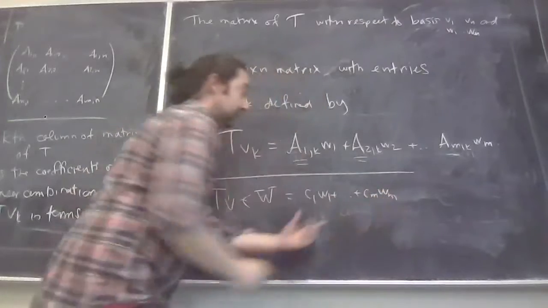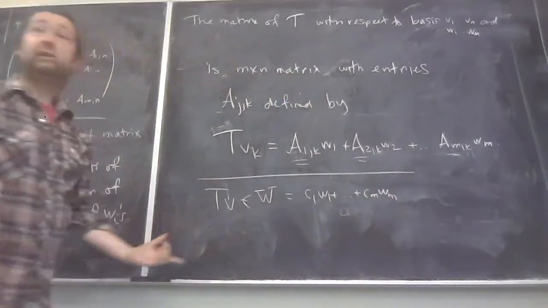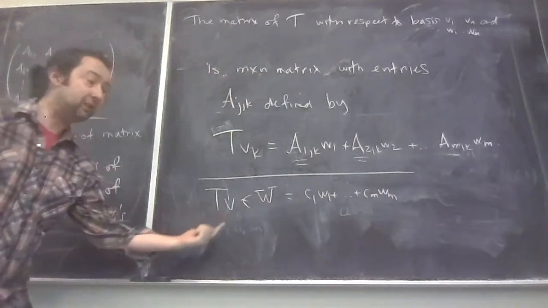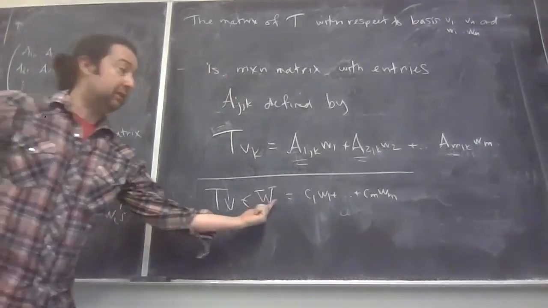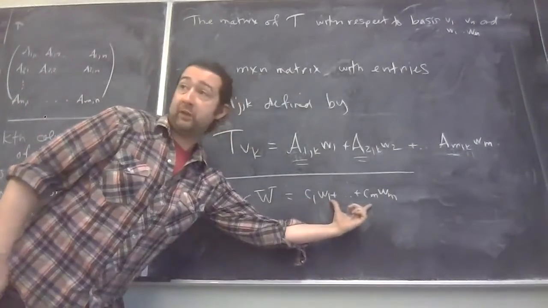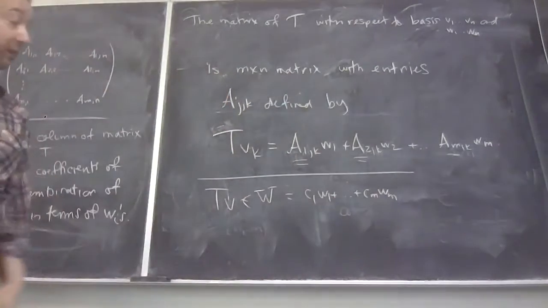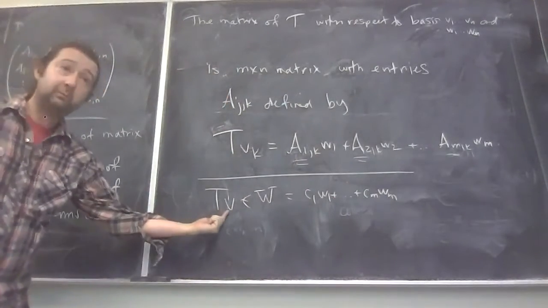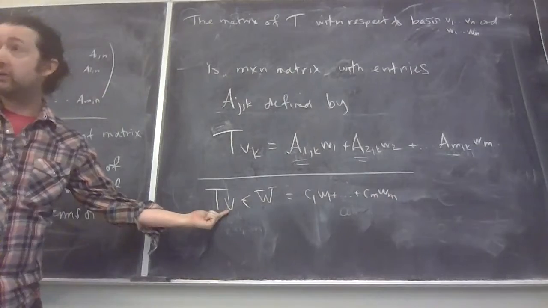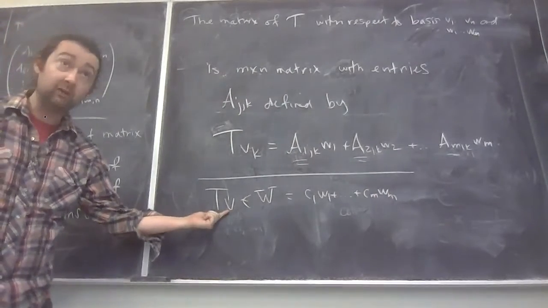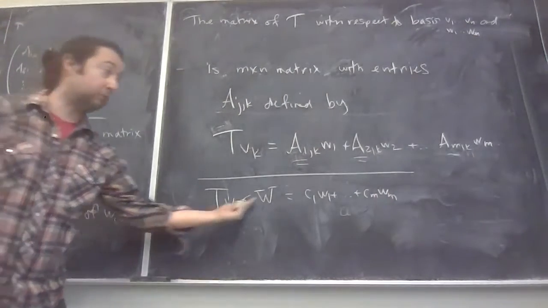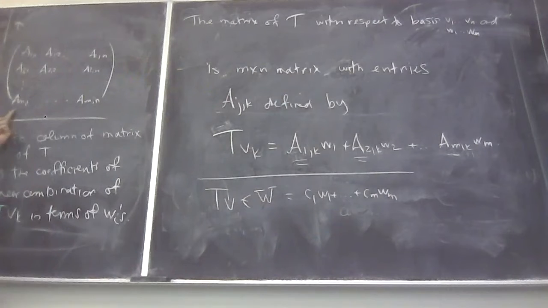That's just true because this is a basis for the output space. So T takes a vector in V, spits it out into W, and then that can be expanded as a linear combination of that basis. So if I picked the very special inputs where instead of all V's, I just put in the basis for V and kept track of what happened, those numbers that came out turn into the columns of this matrix.